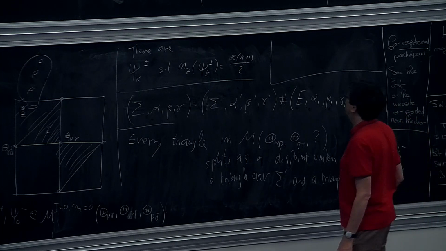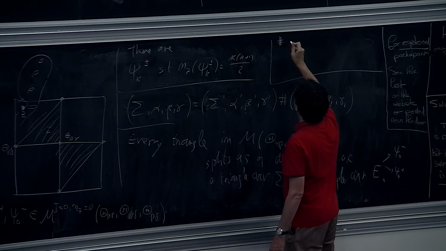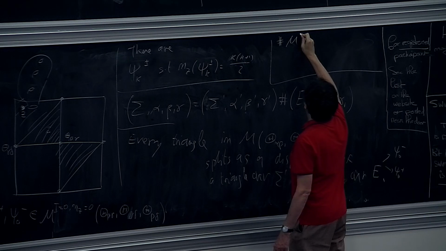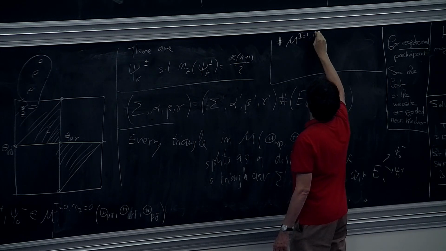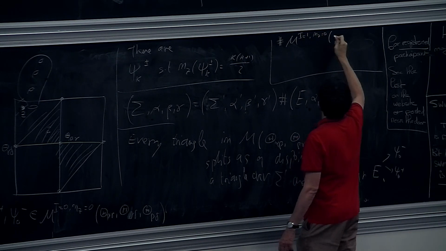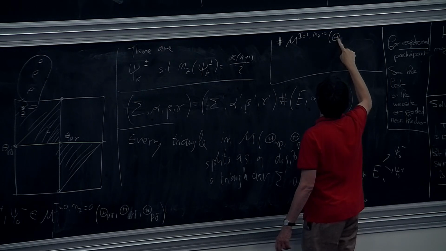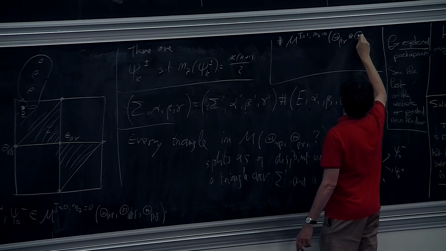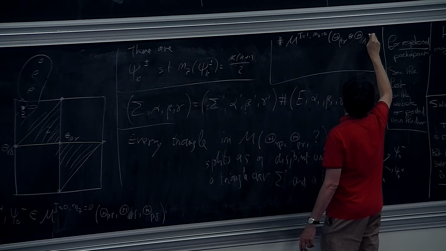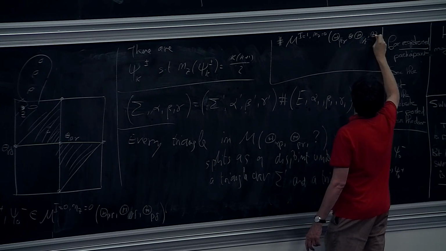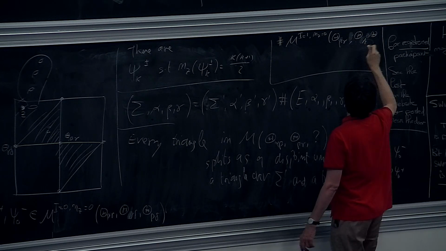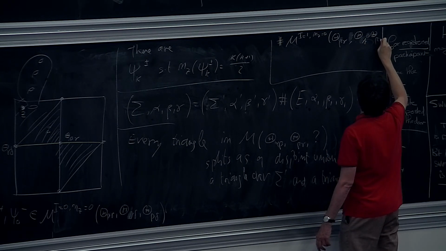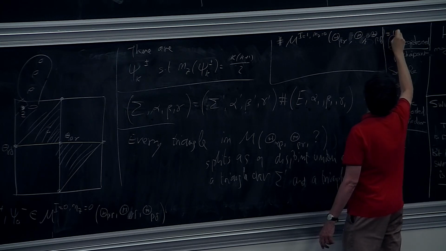This means that the number of points mod 2 of the I equal to 1 and Z equal to 0 moduli space from theta beta gamma tensor theta gamma delta to theta beta delta is equal to 0.